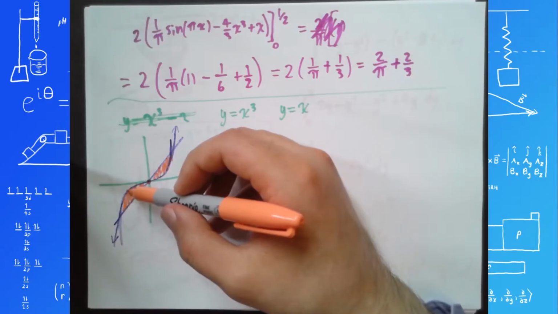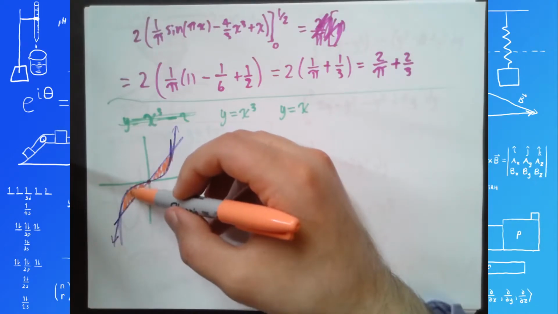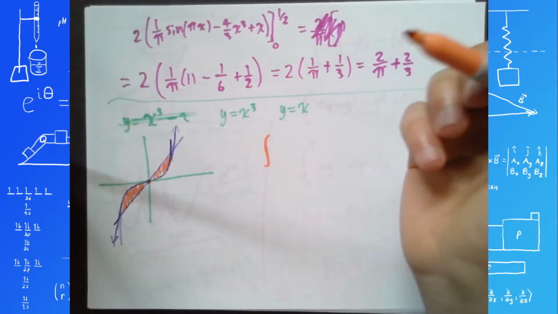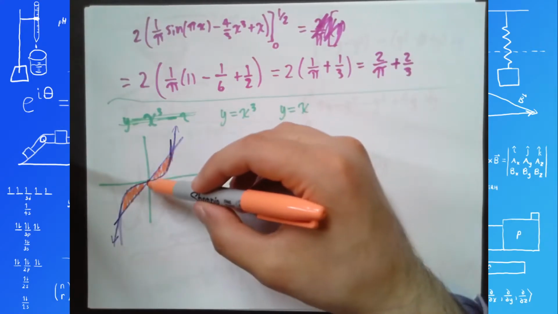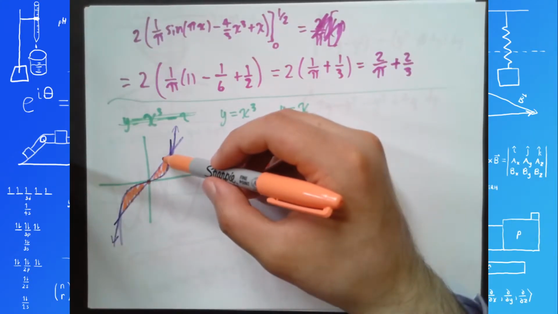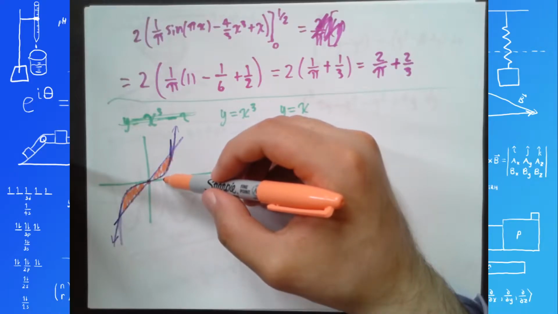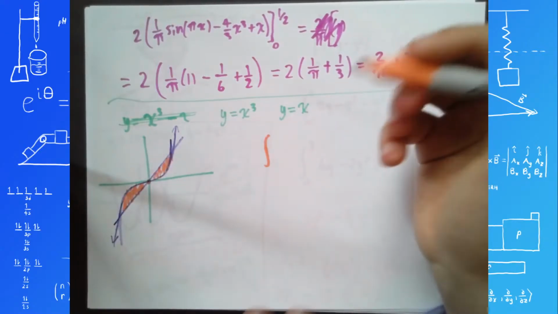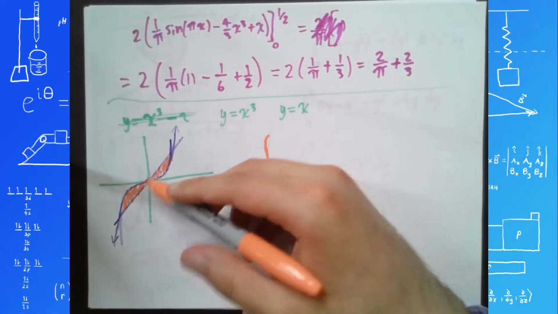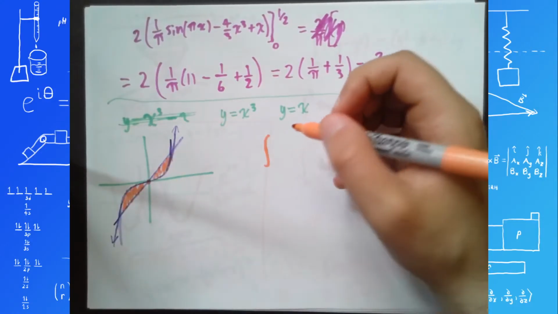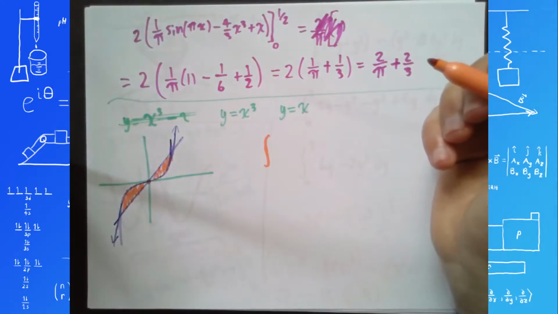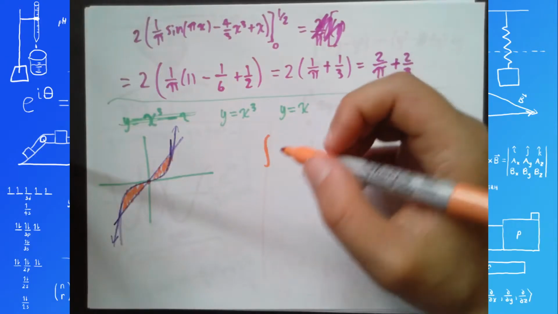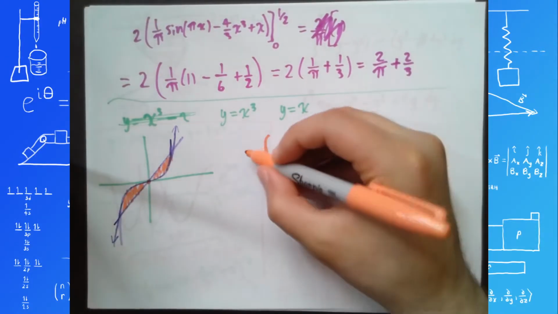Or in terms of vertical strips, your top function is the cubic, and your bottom function is the line. Whereas after the origin, your top function is the line and your bottom is the cubic. Or in terms of horizontal strips, your right function is the cubic and your left is the line. So that's why you'd have to split it up into two integrals, because your top and bottom, or left and right curves, swap places.